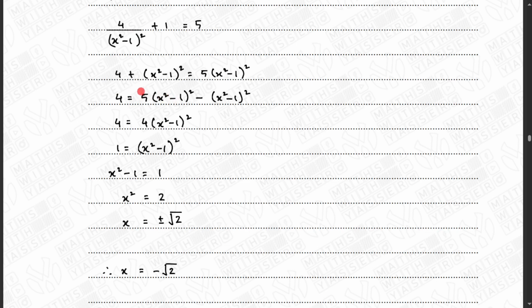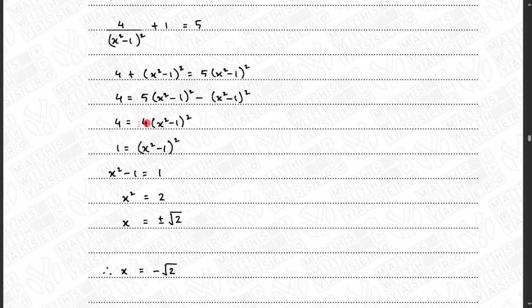So that gives us this, and simplifying this we get 4 is equal to 5 times (x squared minus 1) whole squared minus (x squared minus 1) whole squared. Or we can write it as 4 is equal to 4 times (x squared minus 1) whole squared.